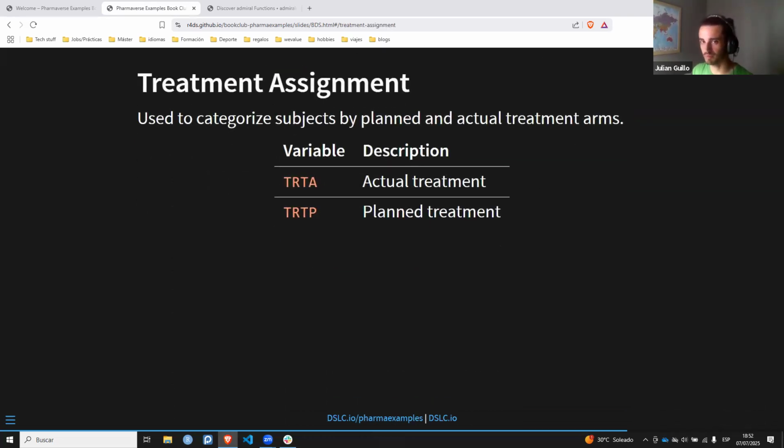I'm not going to go too much into detail on that. We then have the treatment assignment variables, which tell you what the planned treatment was for this patient, and what the actual treatment received was.